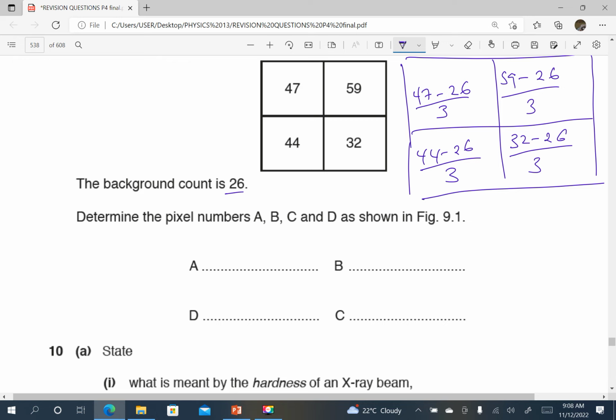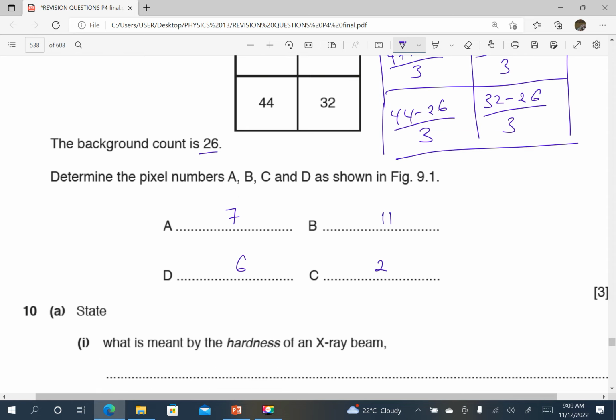So from my calculator, I have 7, I have 6 here, and I have 11 here, and I have 2 there. That should be the easiest process. These 3 marks are supposed to be free.